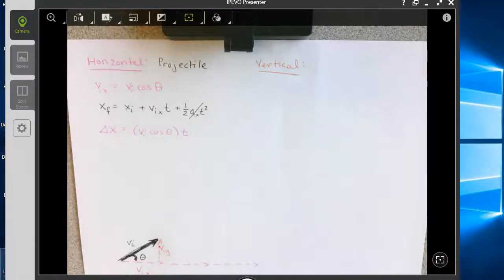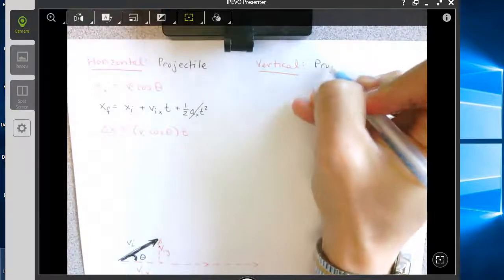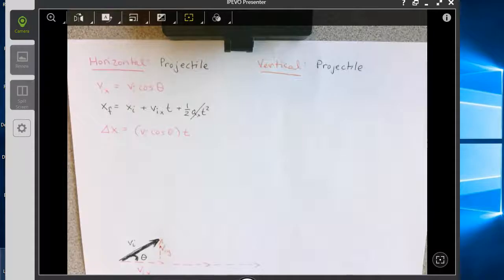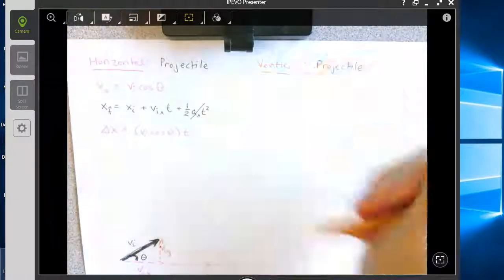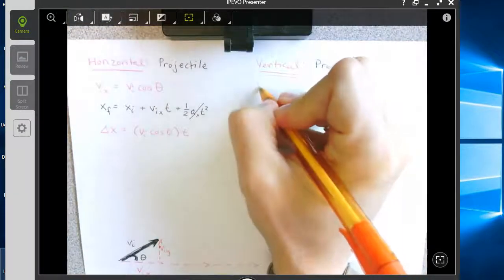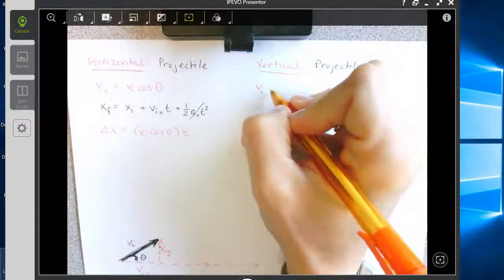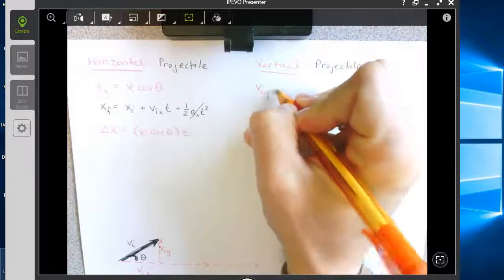Now, the vertical direction, that's where things get more interesting. Even if you're a projectile in free fall with no rocket boosters and no air drag. Starting with an initial velocity, you see here it's just up and down. That would be opposite. That would be VI sine theta.